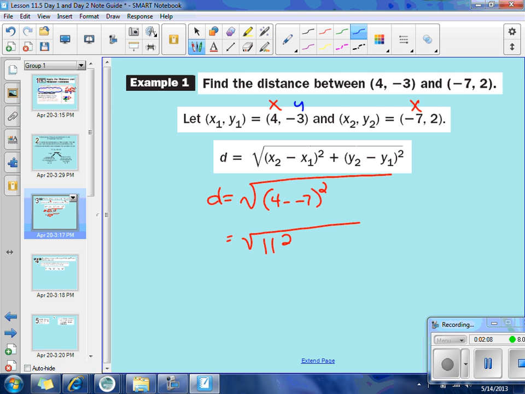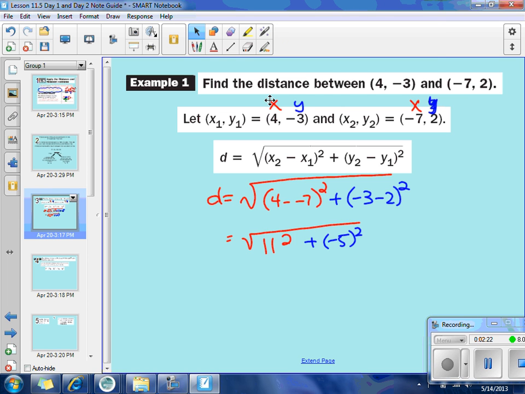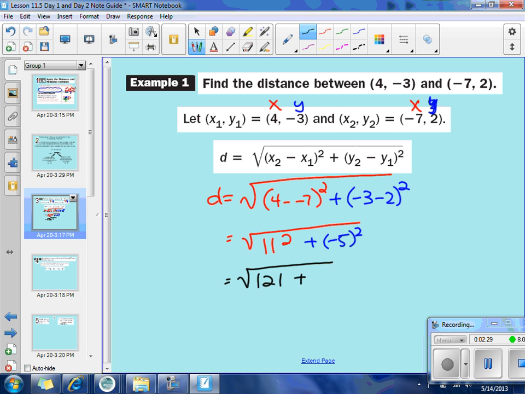My y coordinate is -3 to 2. If I'm going from -3 to 2, that's actually a distance of 5 or -5. It doesn't matter because 5 squared is the same thing as -5 squared. So 121 and then 25.